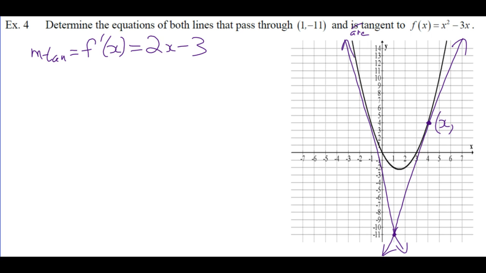It has coordinates x, y, but y is f of x, which is x squared minus 3x. Every point on this curve is x squared minus 3x. It's some general point, which we want to find out specifically, right? Like, what is that point? What's the point?